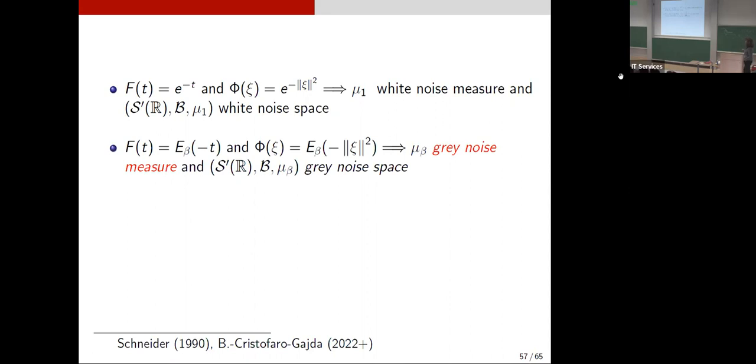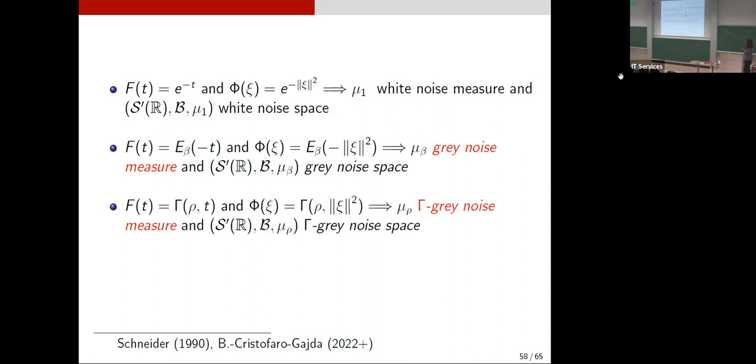Then we can go to other choices for this f. For example, we can choose the Mittag-Leffler function, and then the corresponding measure is the so-called grey noise measure. This is the general reference for this grey noise measure. And then we also proposed a different completely monotone function, which is the incomplete gamma function.